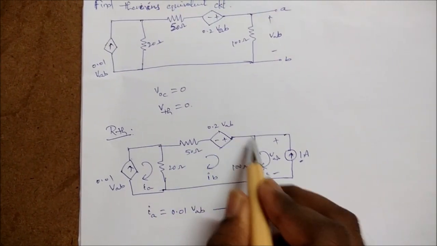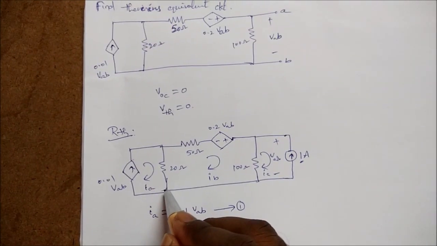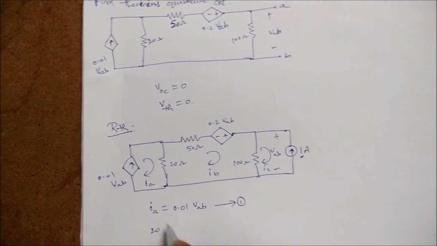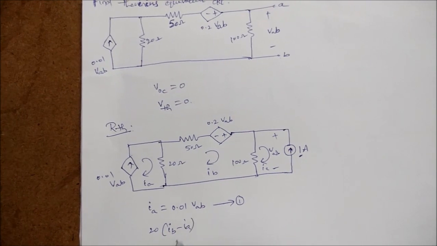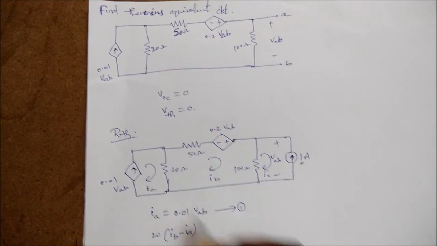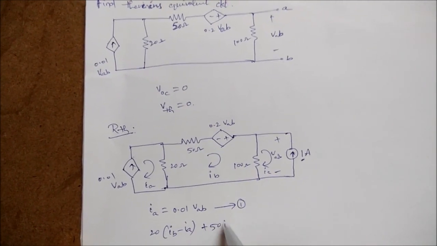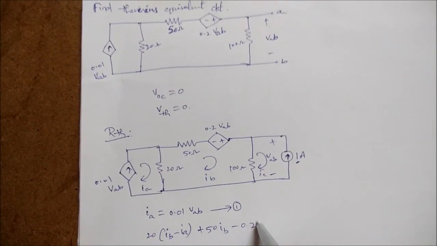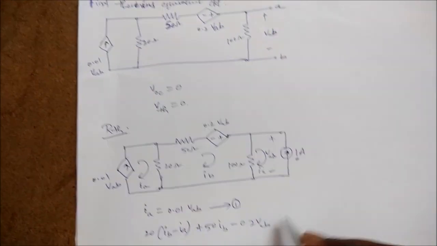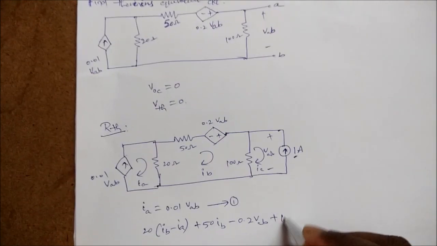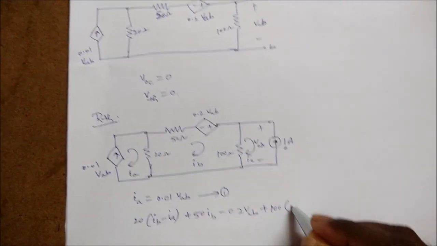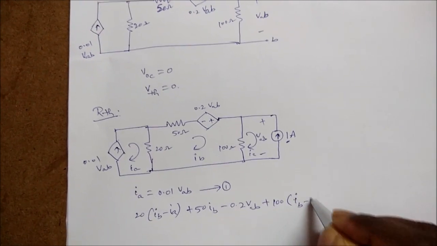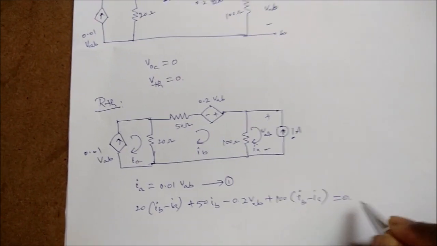Now let us write for the second loop. Let us start here: 20 into (IB minus IA), plus 50 into IB minus 0.2 VAB, plus 100 into the current flowing in this branch, (IB minus IC), is equal to 0.